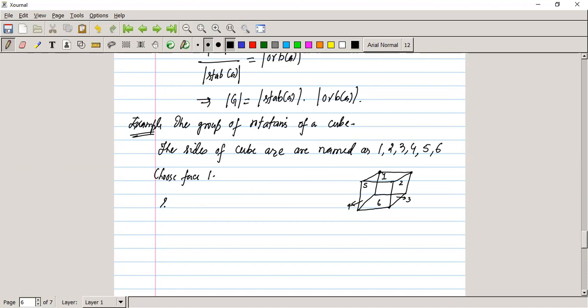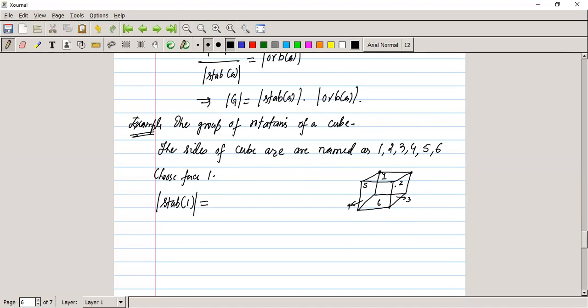Then stabilizer of 1. We will just look at the order of the stabilizer of 1. So the stabilizer of 1 will be those rotations of the cube that keep the element 1 fixed. And those rotations can be looked at like this: we will rotate the cube along the axis through the face 1 and perpendicular to the other 4 faces like 2, 3, 4, and 5.